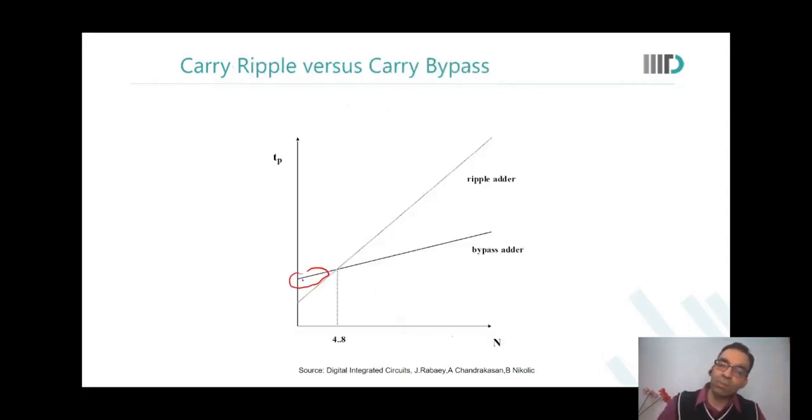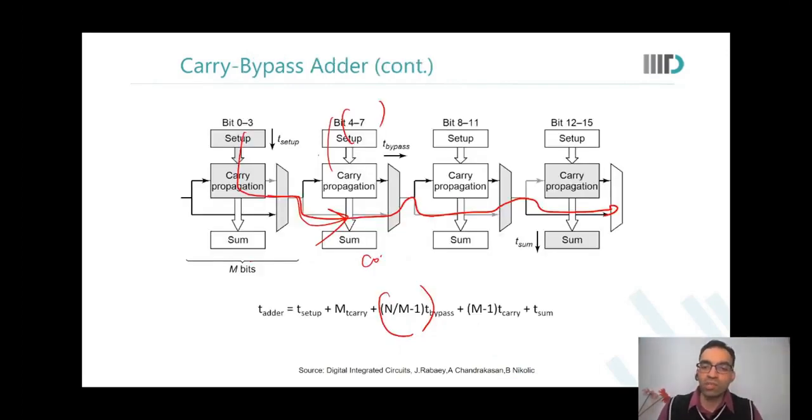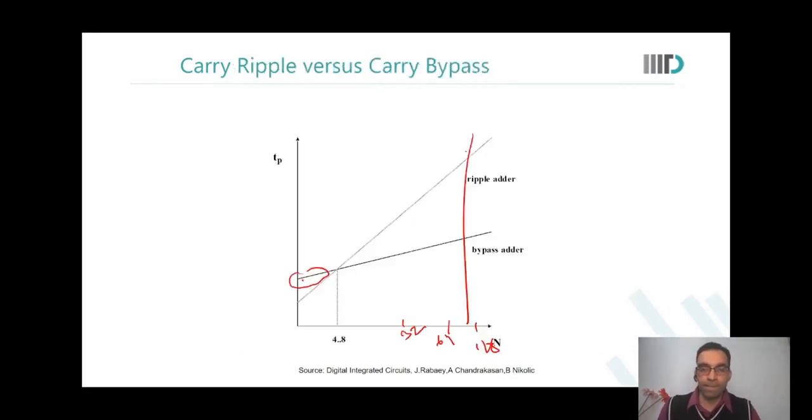However, when you're talking about a large number of bits, say 32, 64, 128 or so on, then the ripple adder is much slower than the bypass adder. And it is a consequence of these equations only, nothing else. Okay. Any questions?